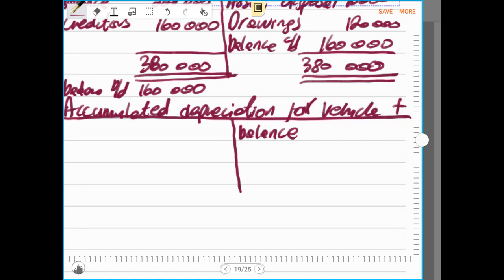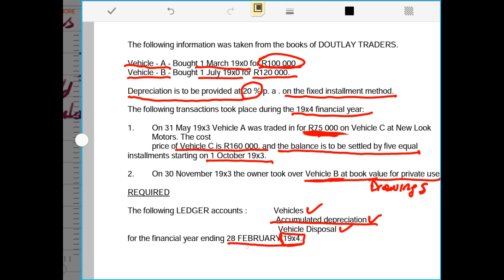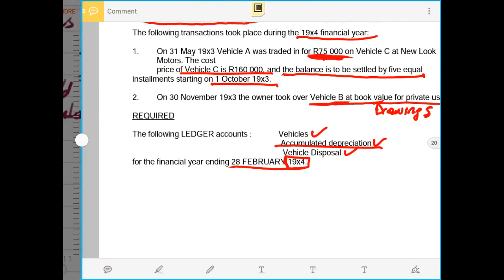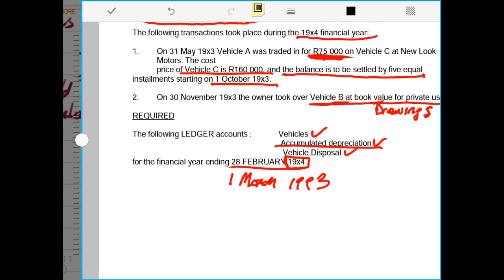Therefore we have to record the opening balance. Remember, opening balance is on the 1st of March 1993. Let me just show you that in the exercise. In the exercise, the end of the year is 28 February 1994. If this year is ending here, it means it started on the 1st of March 1993, because one day after the end of the accounting period is the beginning of another accounting period.